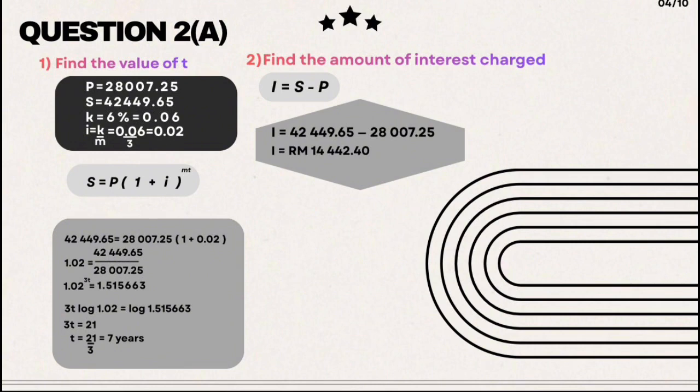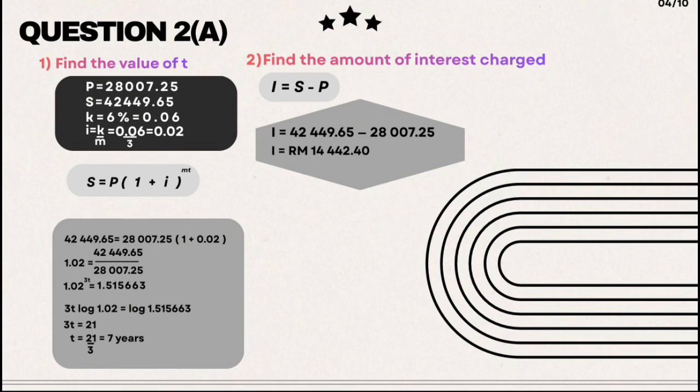Next, we apply common logarithm on both sides of the equation, which simplifies to 3t log 1.02 equals log 1.51563.